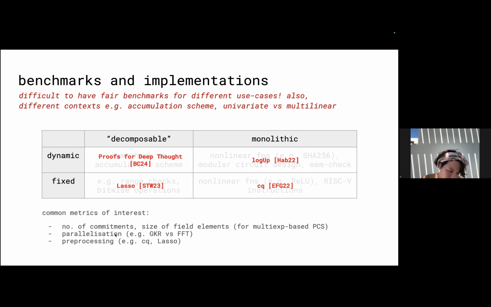For CQ, for example, this could go up to terabytes for a large enough table, like 2 to the 32. You need somewhere to store that, and you need some way to access that, so some kind of service.